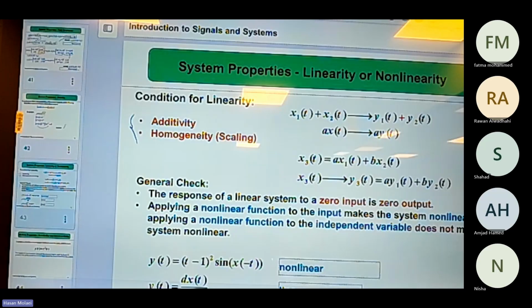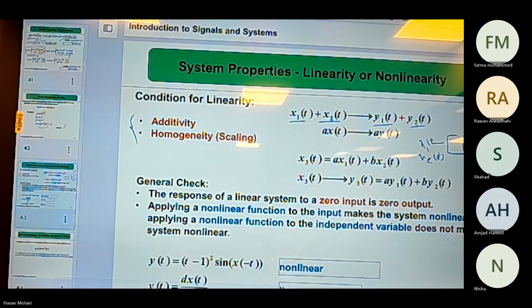If you add two inputs, the output should be the summation of the outputs. For example, if I have a system whose output to x1(t) is y1(t), and if I change the input to x2(t), it would be y2(t). If I apply both together, the output should be the summation of both.